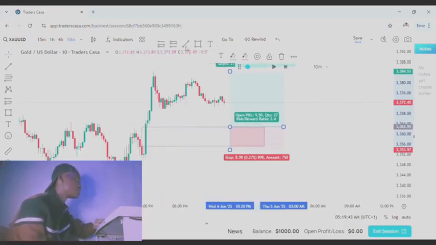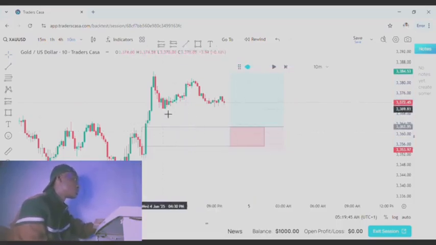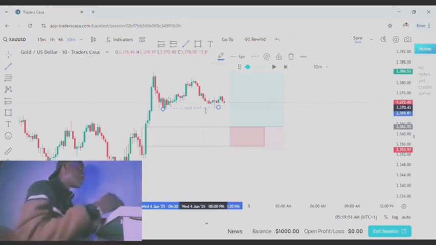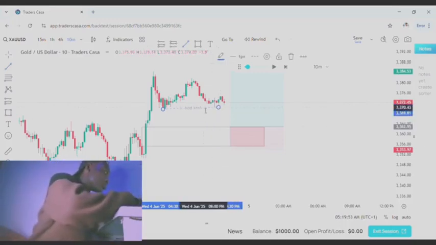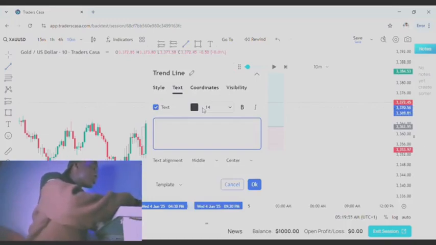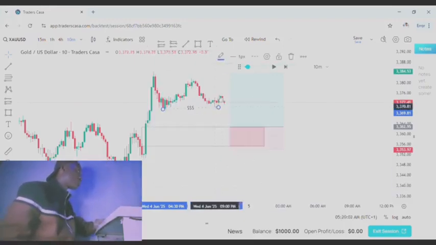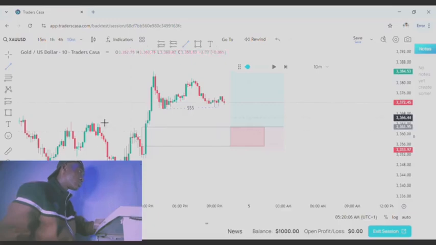And you can see our liquidity right here. Our liquidity. Break of structure.